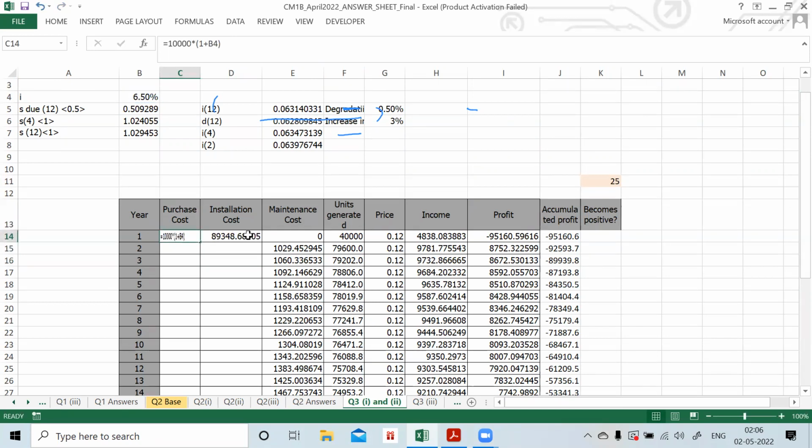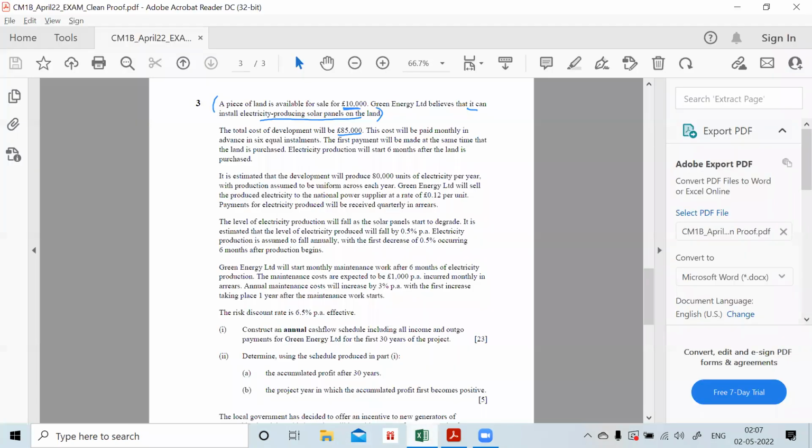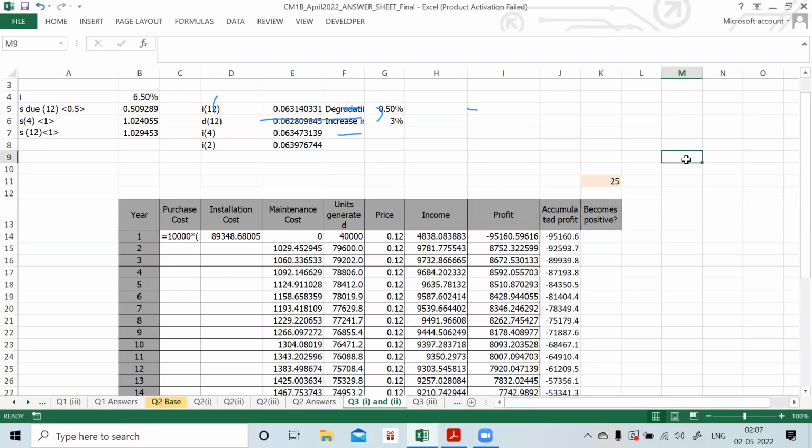This will get calculated: 10,000 into 1 plus 6.5%.